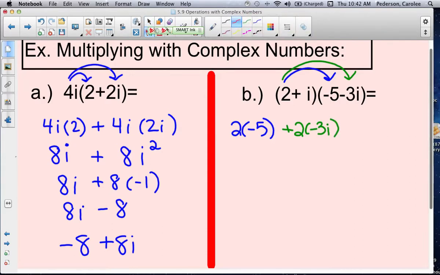Then we'll distribute the i. So i times -5. And then i times -3i. Some of you could maybe do this in your head and go right on to the next step.